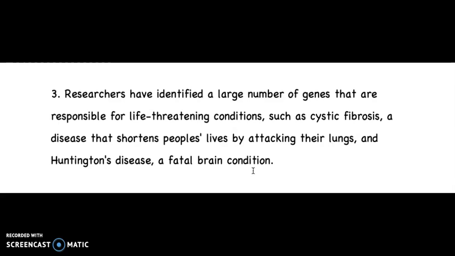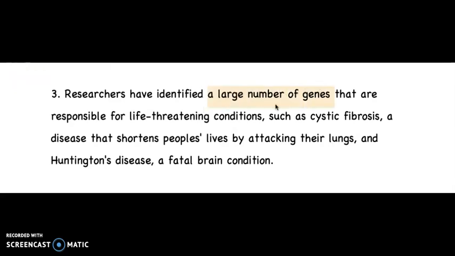So we're looking first for the marker. The marker is the one that indicates to us that there is a cause and effect relationship. In this sentence, responsible for means that it's talking about a cause. What is responsible for the life-threatening conditions? A large number of genes.